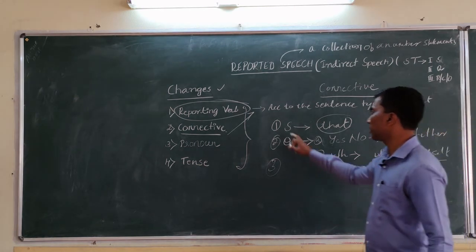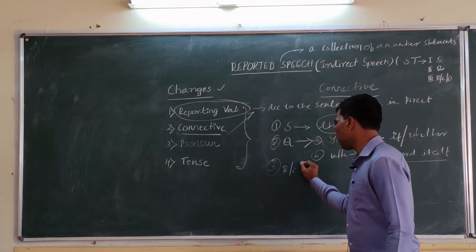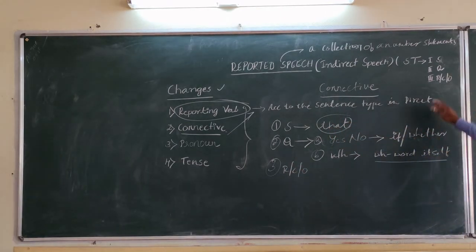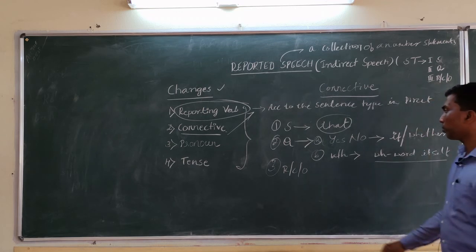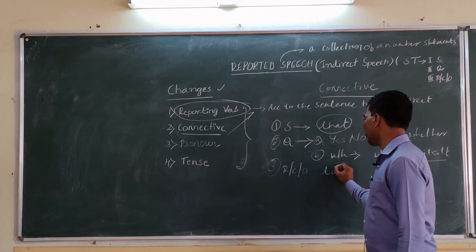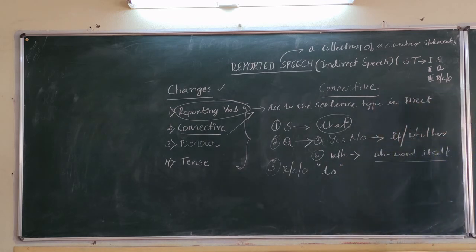Statements, questions, third type. The third type is request, command, order. When you have one of these, the connective is to. The understanding is over, the explanation is over.